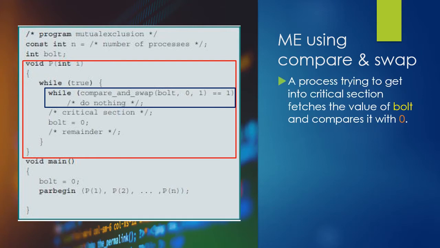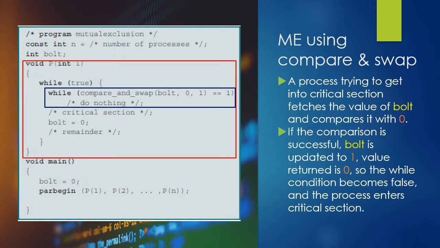A process trying to get into critical section fetches the value of bolt and compares it with 0. If the comparison is successful, bolt is updated to 1. Value returned is 0, which is the old value of bolt.